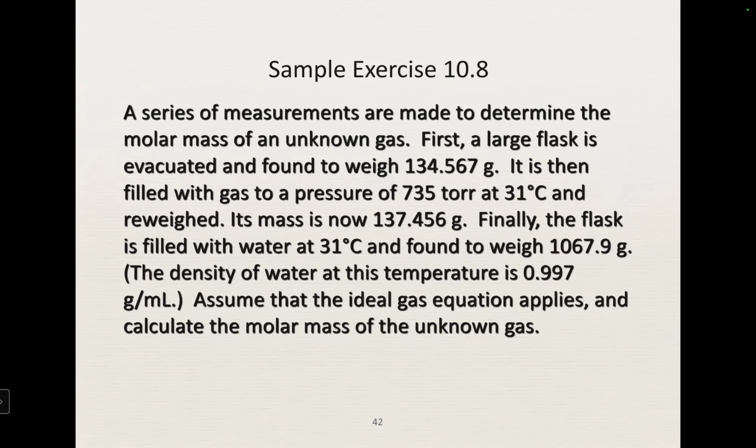We're given the density of water, and again we want to figure out the molar mass of that unknown gas.